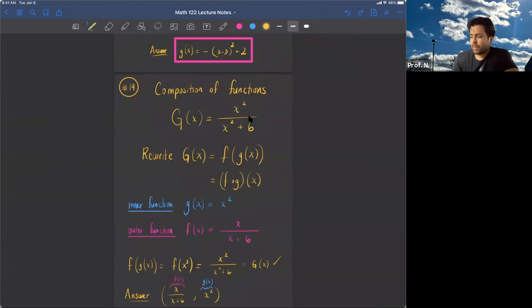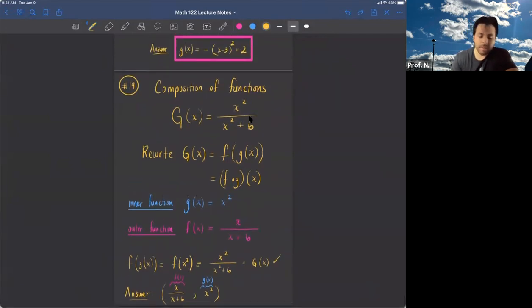In terms of composition of functions, a question like number 18 or 19 is not going to be exactly on the exam, but it is good to understand how to do this particular kind of composition of functions.